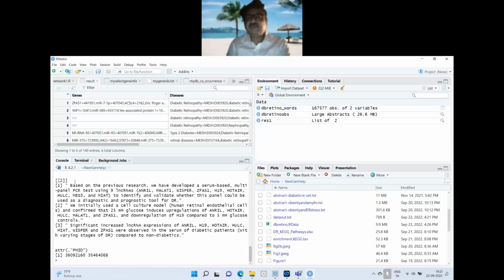The second element of the list is from another paper who are also studying ZFAS1 along with other LNC RNAs to identify and validate whether this panel could be used as a diagnostic or prognostic tool for DR. They are investigating this based on previous research.